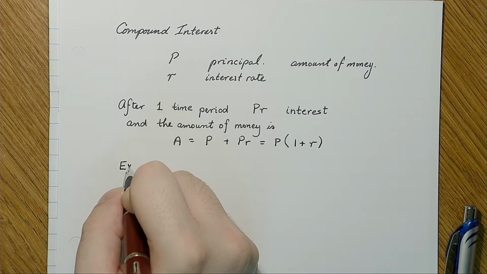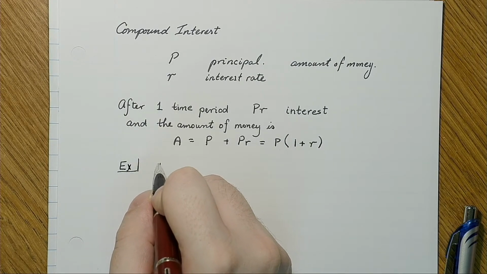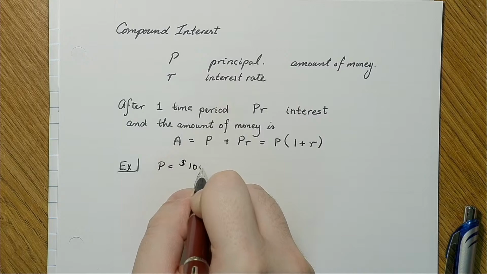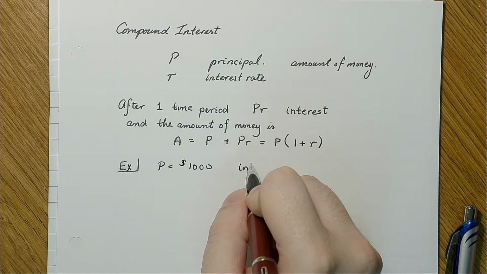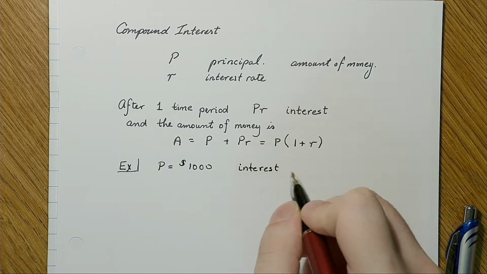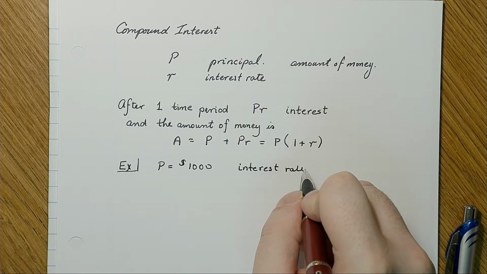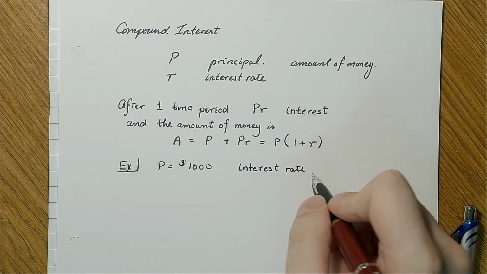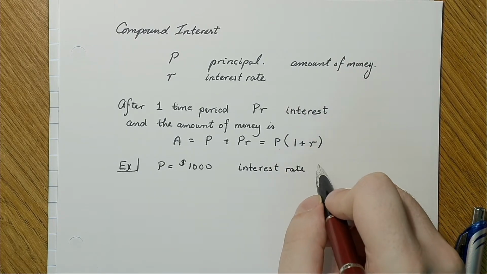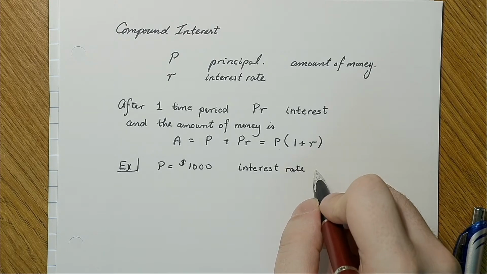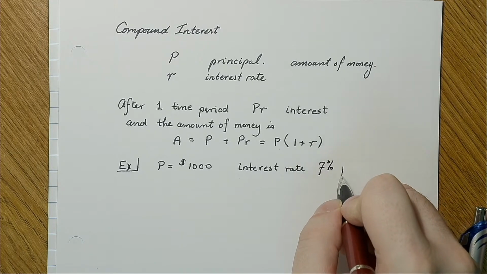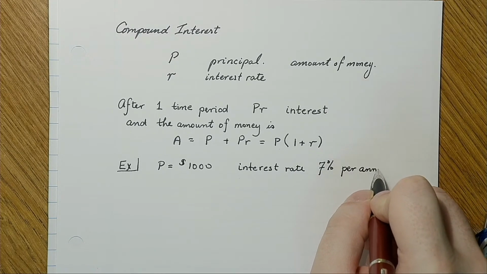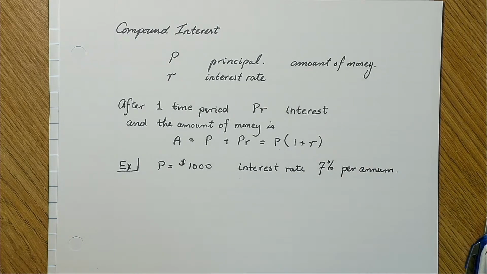So for example, if my principal was $1,000 and the interest rate, let's pick something like in a stock or a mutual fund, something like 7% per annum, which is definitely not what the current interest rates are on savings accounts.